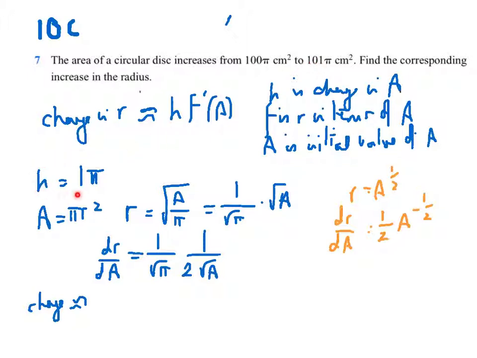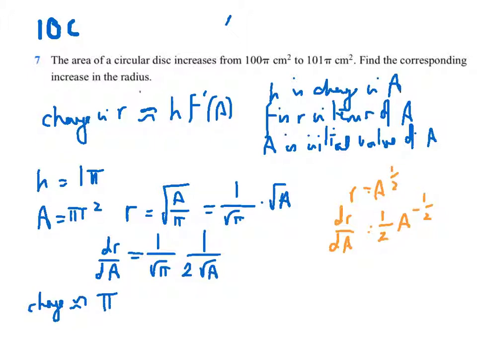That's why we said that h was 1 pi. So using h in the formula here, we write down pi. F dashed of A is the next part. We found out what f dashed is. Now we have to evaluate it at the initial value of A before the change. So the initial value of A is 100 pi. So we replace A by 100 pi in this equation here.